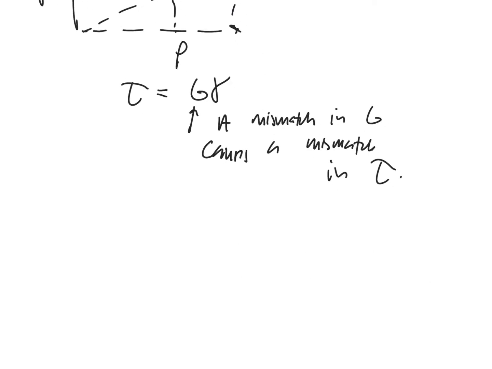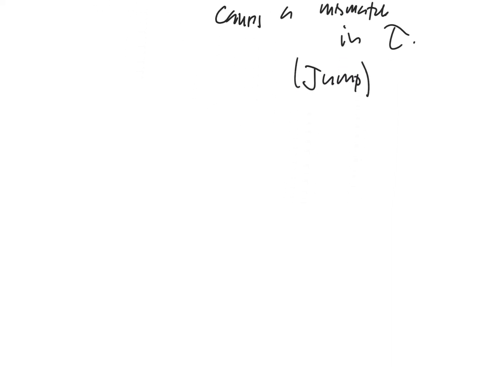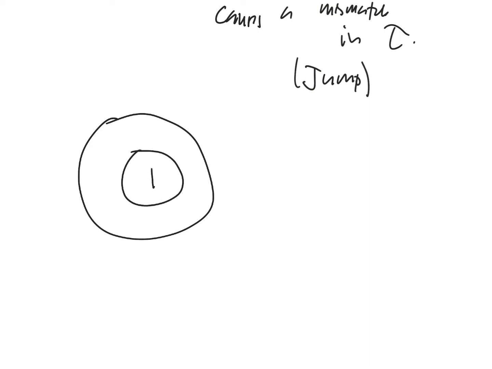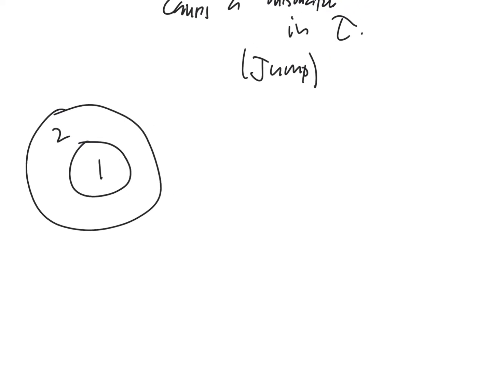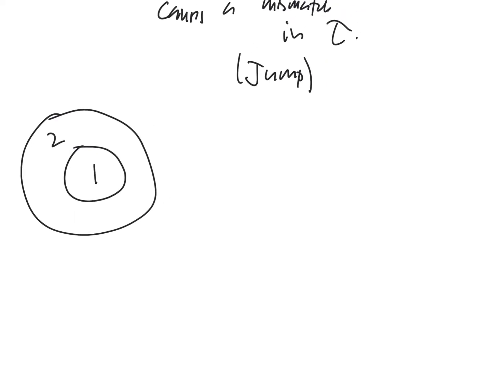And by mismatch, we mean that there's going to be a jump. So what we've seen is, if we have two materials, let's call it 1 and 2, we have seen already, let's draw this off to the side, what happens when G2 is going to be less than G1. That's the one that we just did.